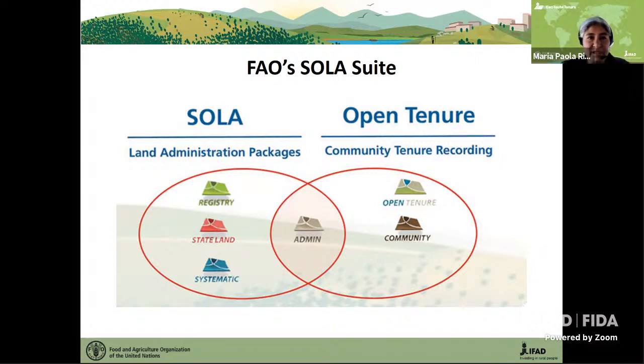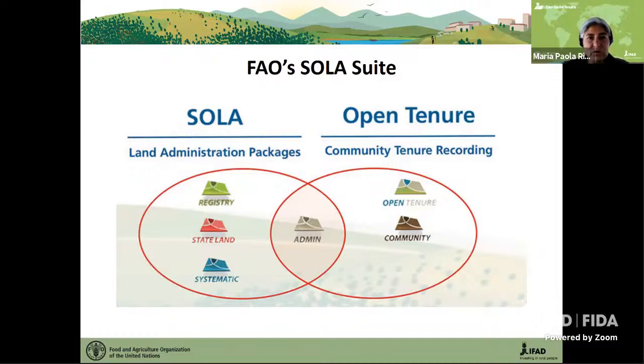And then we have the application that you have just watched over the video, which is the Open Tenure application, which is dedicated to community tenure recording and to also land use and customary rights recording. And it is comprised of two different software. One is the Open Tenure mobile application, which runs over Android mobile devices.